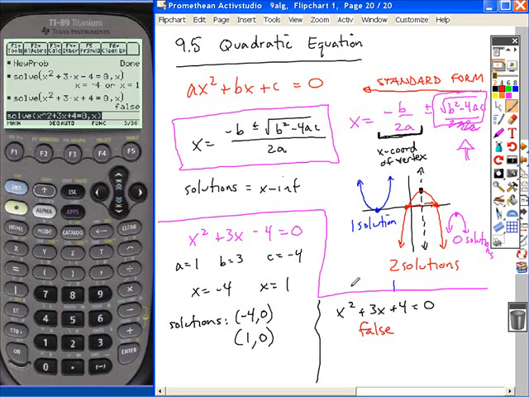It's going to open up, and it'll still have a vertex. It'll still have a y-intercept. The only thing is it's not going to cross the x-axis. So if it opens up, its vertex is going to be above the x-axis to start with. So false means no solution. Or if I was asking you how many solutions this has, your answer would be 0.